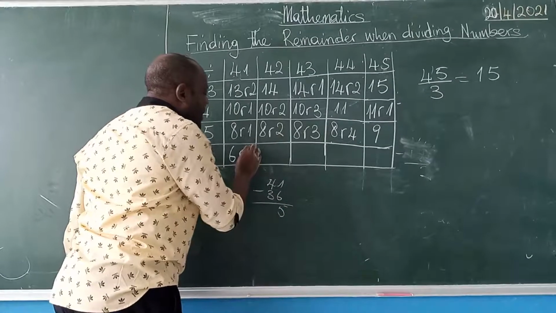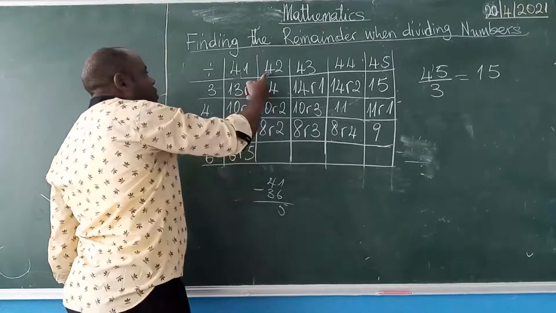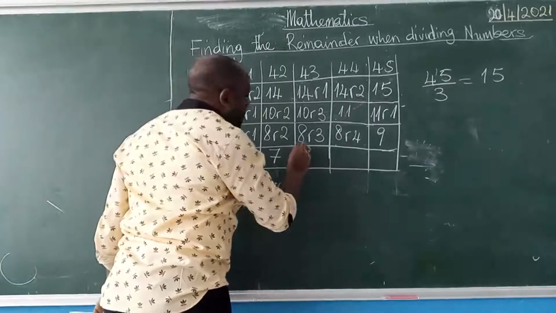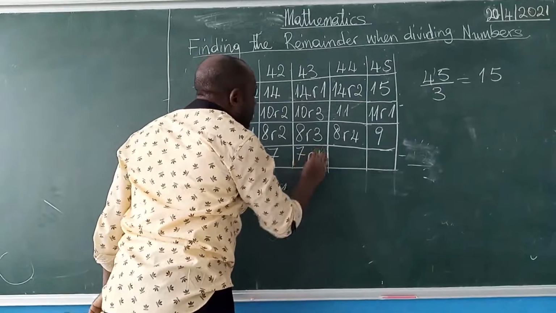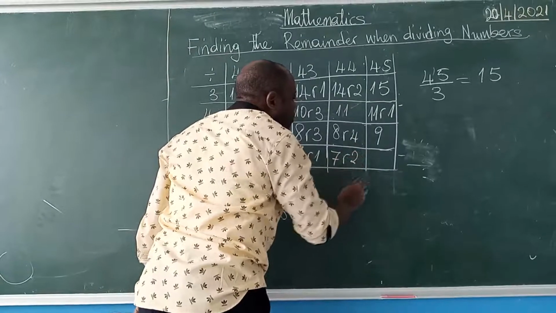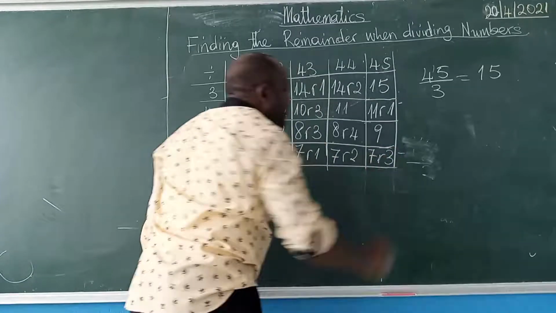So 6 times remainder 5. And then 42 divided by 6 is 7. We have here 7 remainder 1, 7 remainder 2, and 7 remainder 3.